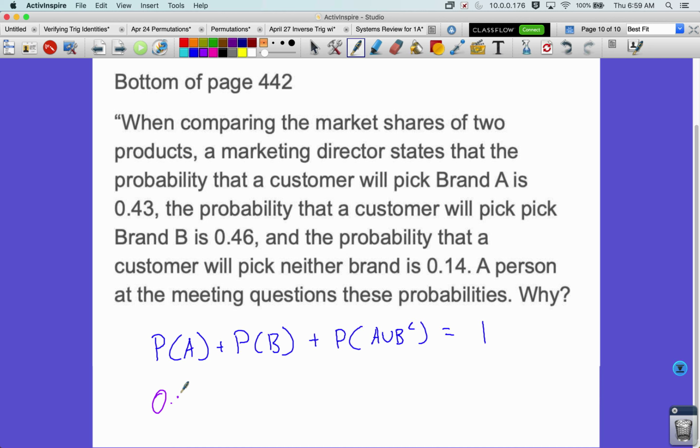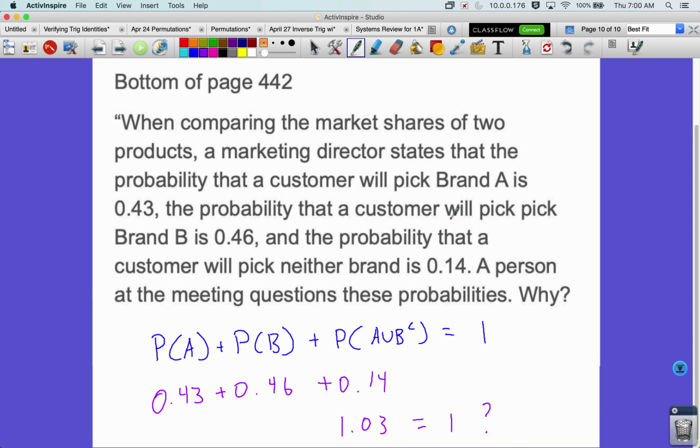So 0.43 plus 0.46 plus 0.14. What do these add up to? 0.43 plus 0.46 plus 0.14 is 1.03, which does not equal 1. So what's going on here? Is this data bad?